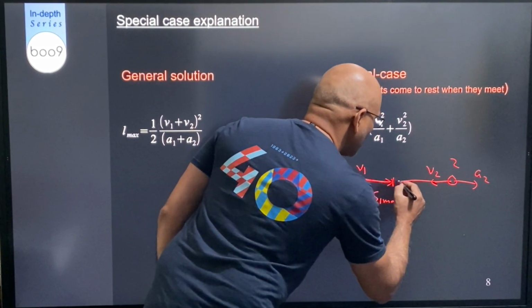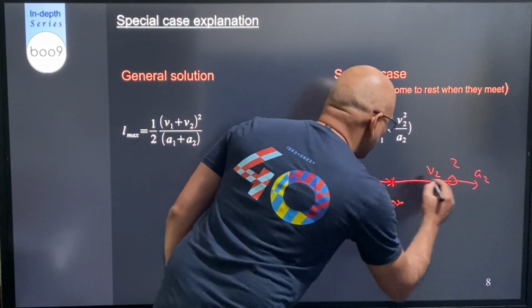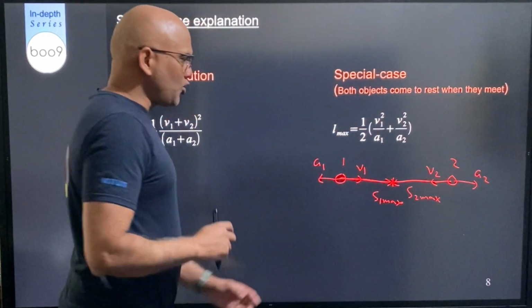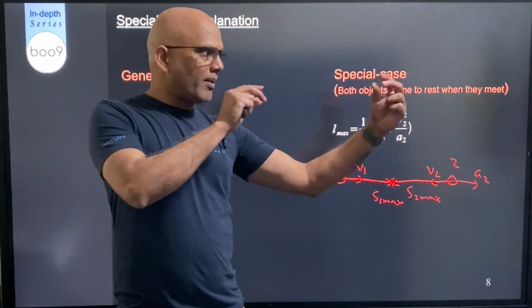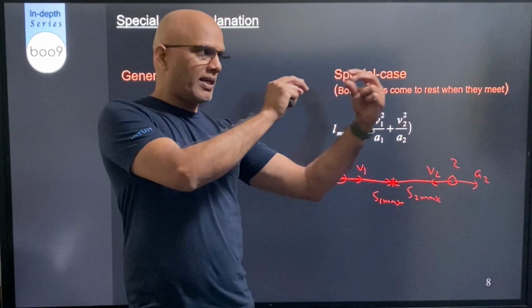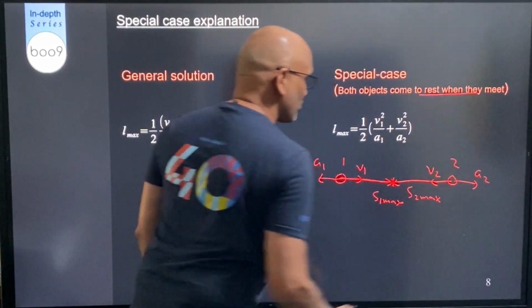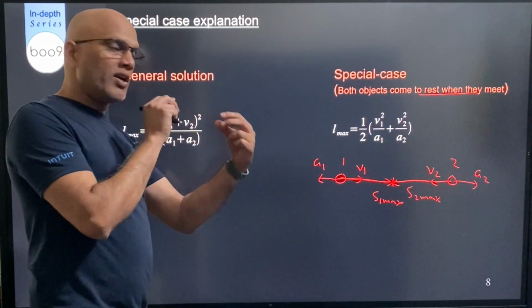Similarly, this comes here, comes to rest, and then returns. I call this S2 max. I assumed that they come to rest when they meet, and then they go away. So they're coming to rest at the same time, right?